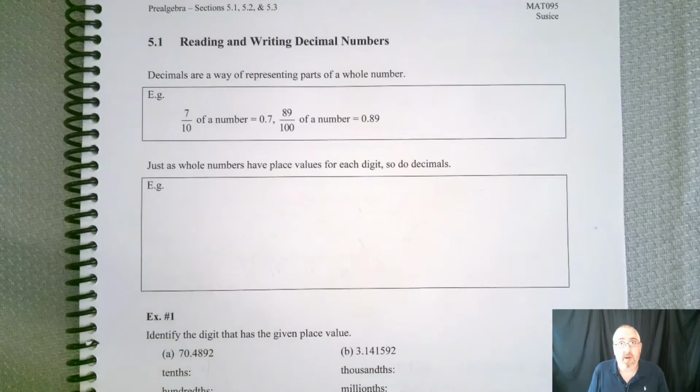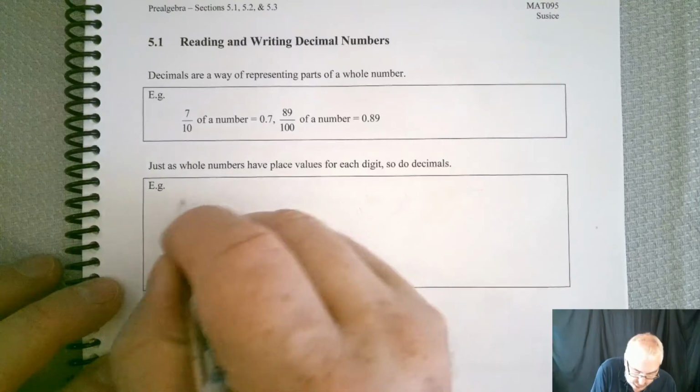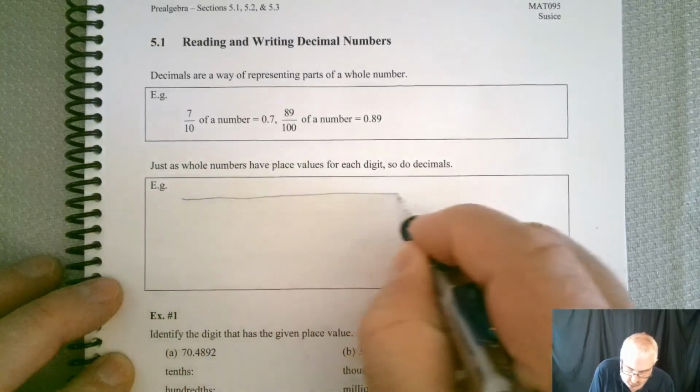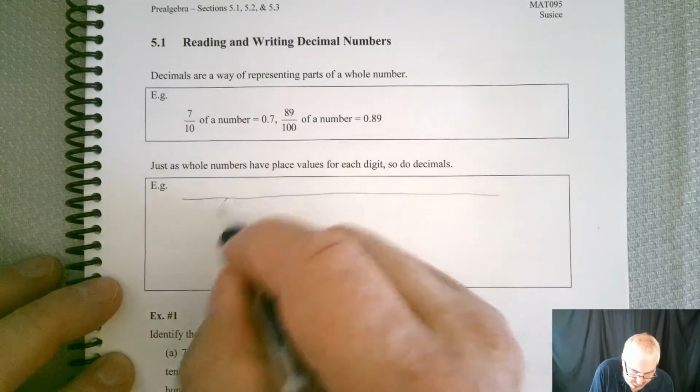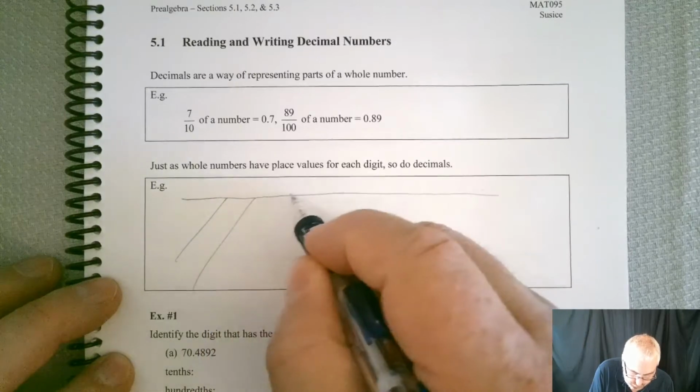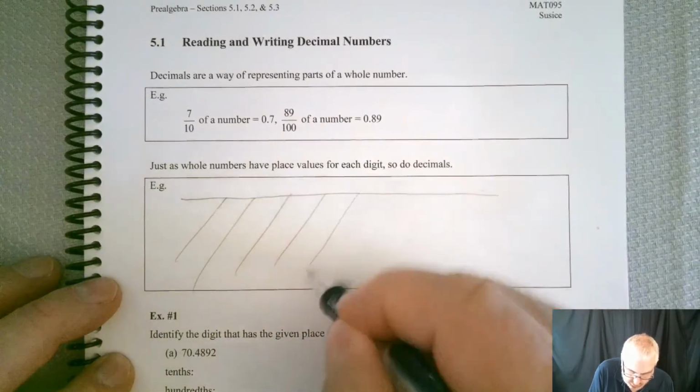Now, the one important thing to keep in mind is that decimals have place values, just like the integers did, just like the whole numbers did. So let's take a look at how that looks. If we draw our place value chart again, we get a bunch of spaces here.